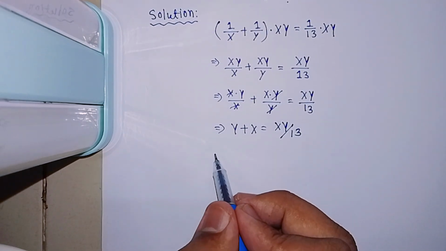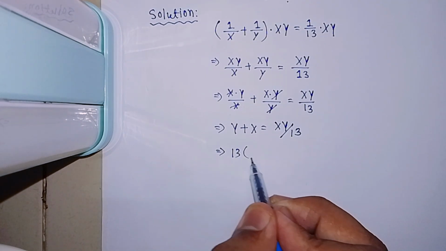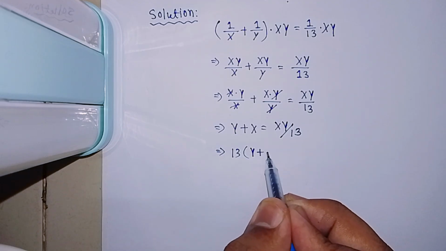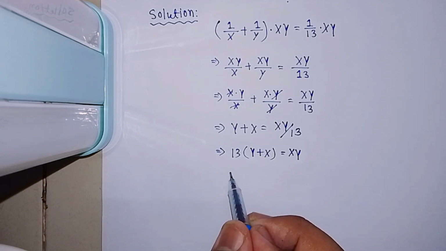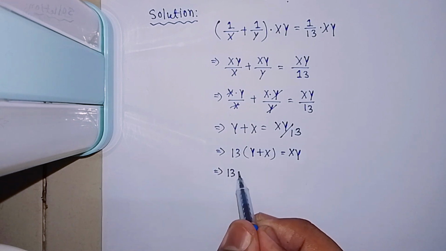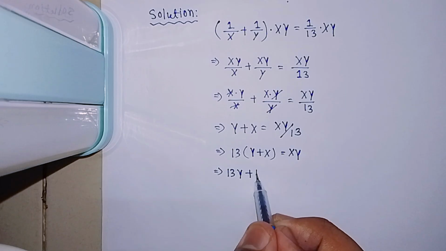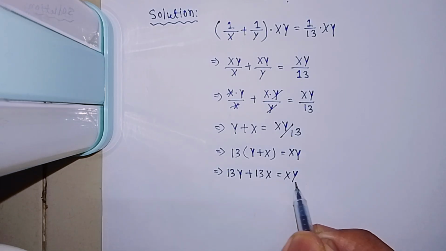And then we can write 13 times (y + x) equal xy. Then we multiply this out: 13y + 13x equal xy.